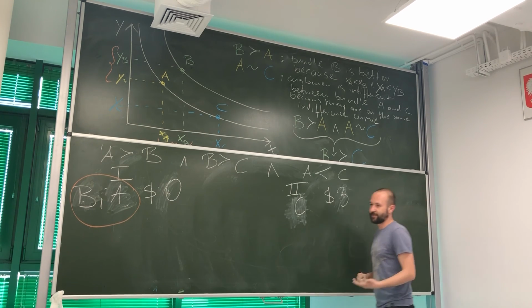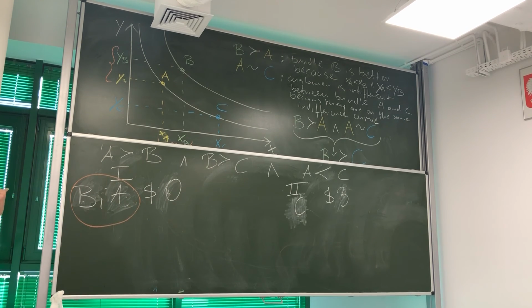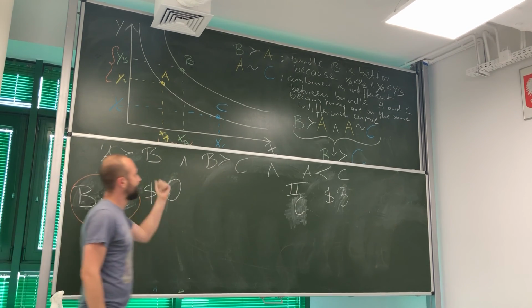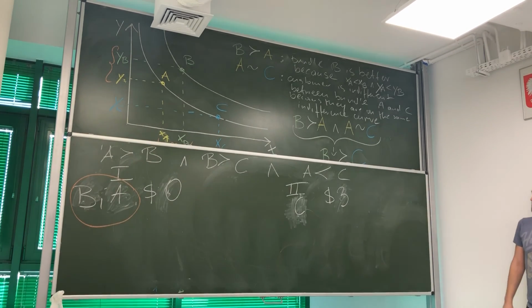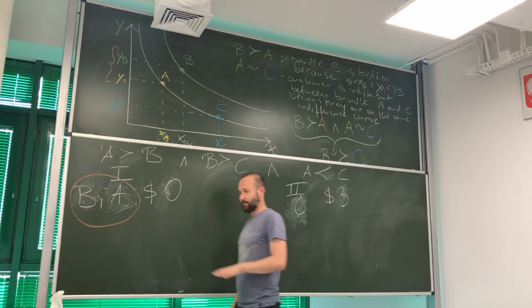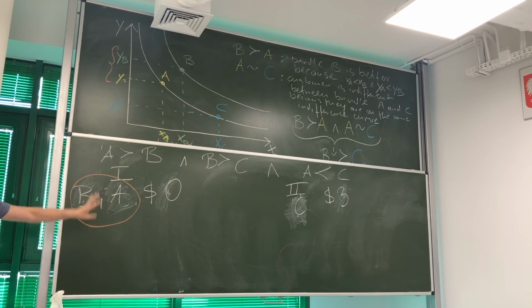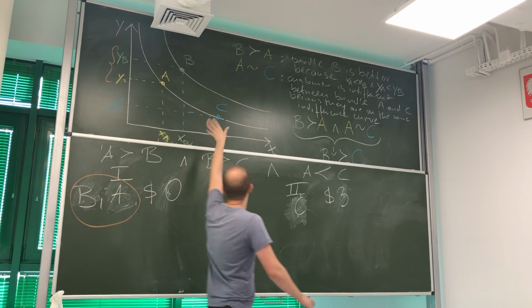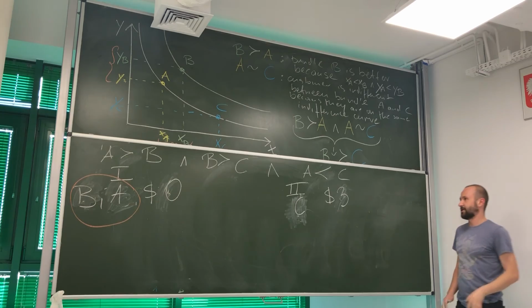Look, if your preferences are not consistent in this way, if they do not follow this transitivity property, you will always lose money. Okay, so if we know that our customers are rational enough to figure this out, we can be sure that indifference curves are never going to intersect.